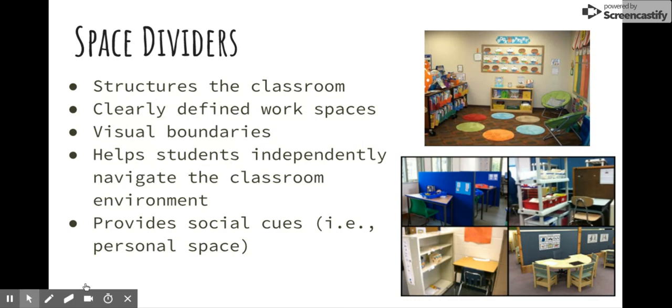In the classroom environment, we can use space dividers to provide structure as a tool to manage behavior. Space dividers allow for clearly defined workspaces with visual boundaries. They structure the classroom and help students independently navigate the classroom environment. They may also provide social cues, for example, group learning, independent work, or personal space.